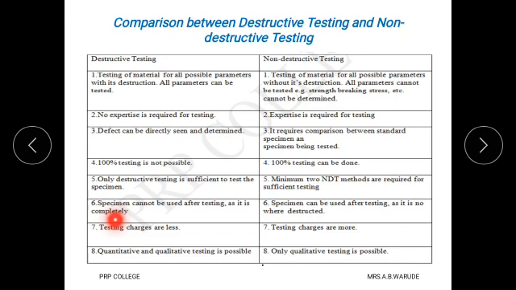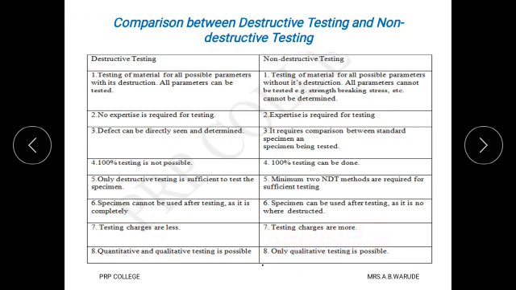Sixth, the specimen cannot be used after testing as it is completely destructed, and in NDT the specimen can be used after testing as it is nowhere destructive. Seventh, testing charges are less, but in NDT, testing charges are more.